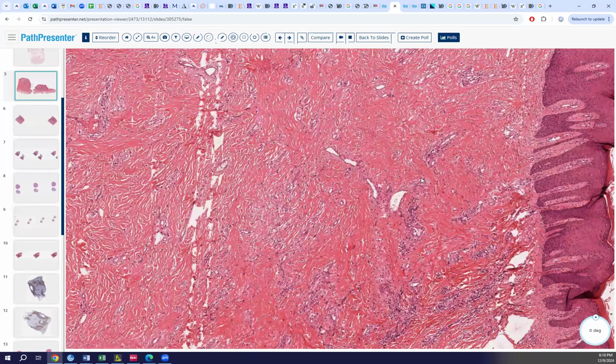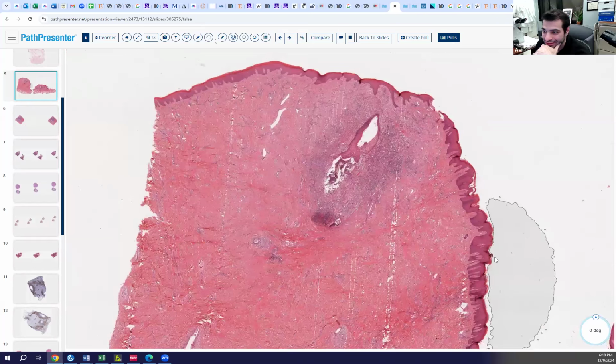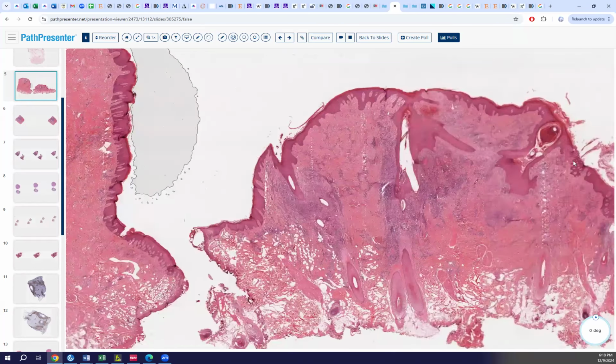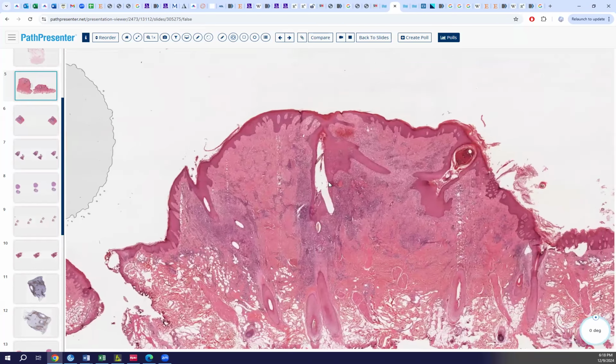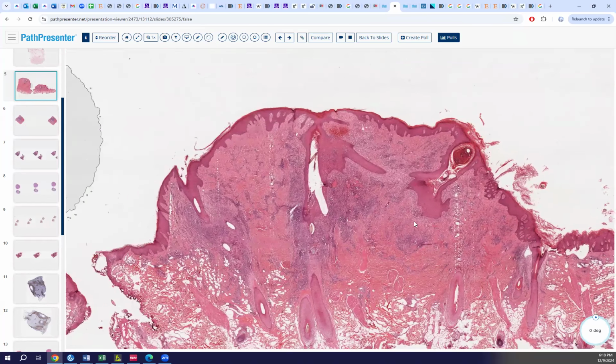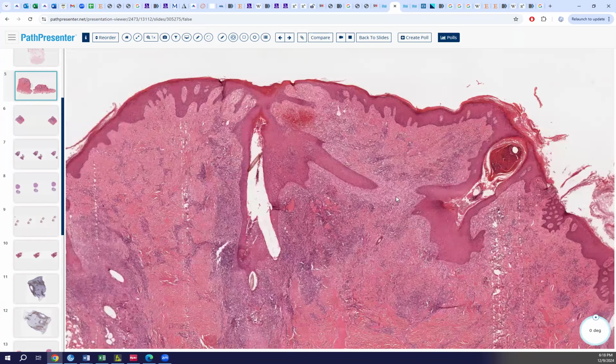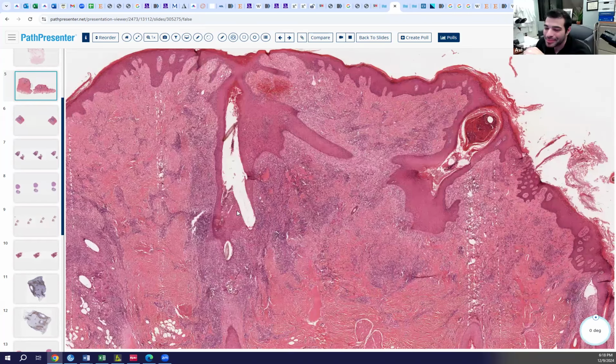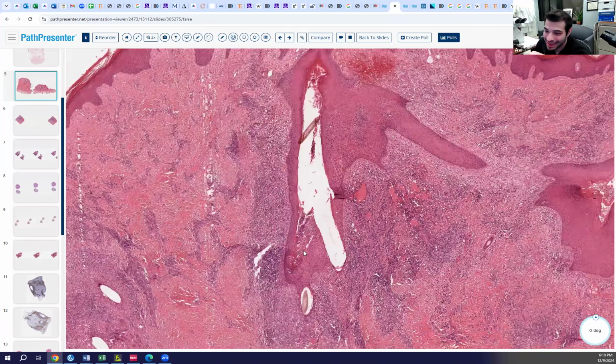Fibrotic. Okay, it's very dense. I'm thinking AKN because it's leading up. You have the inflammation, you have the fibrotic stroma, you have the rupture of the hair follicles, you have the breakdown of hair shafts. So this is everything for AKN.